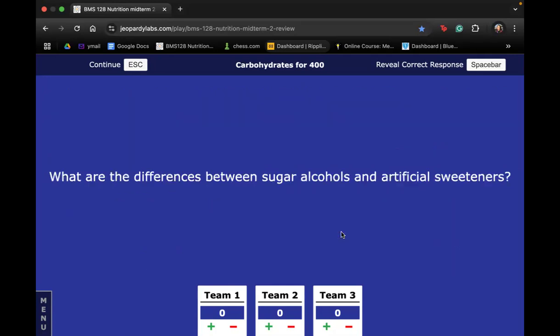What are the differences between sugar alcohols and artificial sweeteners?